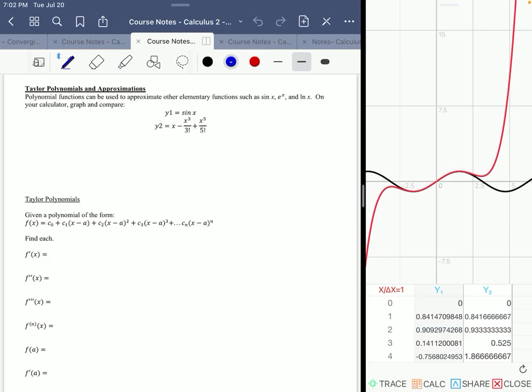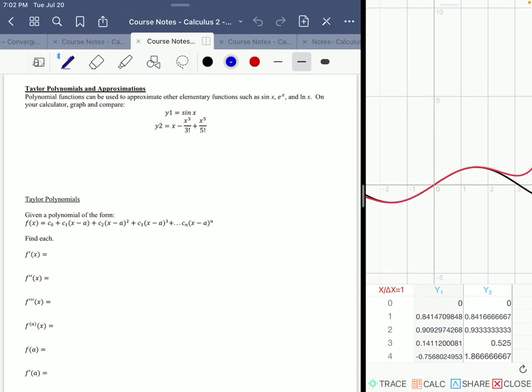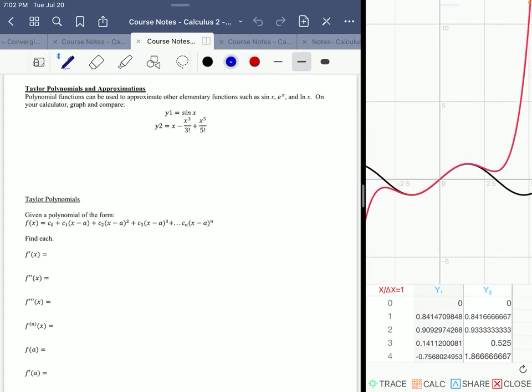So when you start thinking about derivatives and antiderivatives and evaluation of expressions, we can come up with a reasonable approximation using this, as long as we only care about this particular interval, which looks pretty solid if we're only going from, let's say, negative pi over 2 to pi over 2. Because that's where it mins out going to the left and it maxes out going to the right.